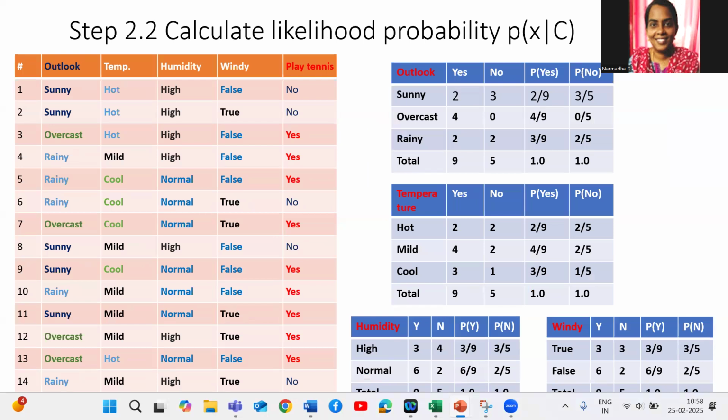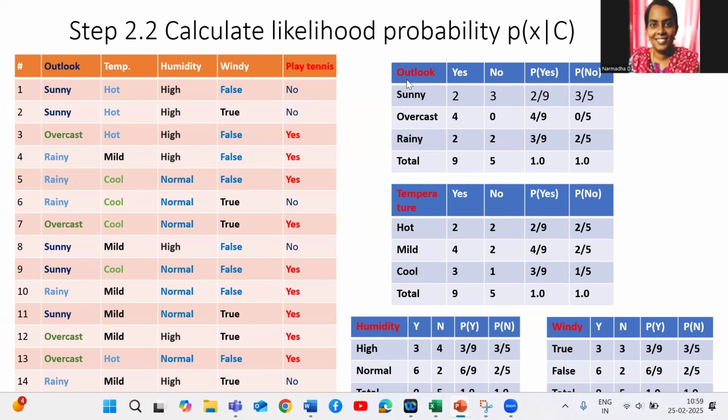The next important step is to calculate the likelihood probability. What would be the evidence of the class, given a particular instance? From this observation, first we calculate for the outlook, then the temperature, and then the likelihood probability for the humidity and wind.